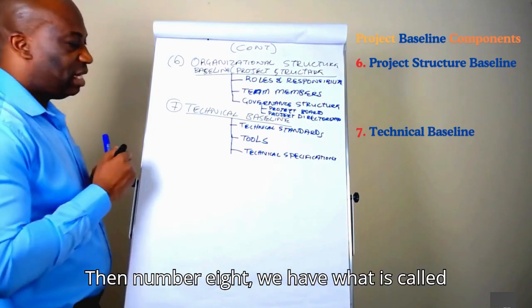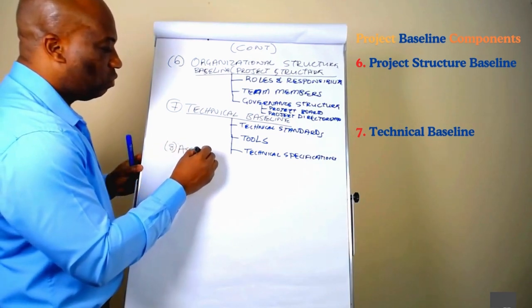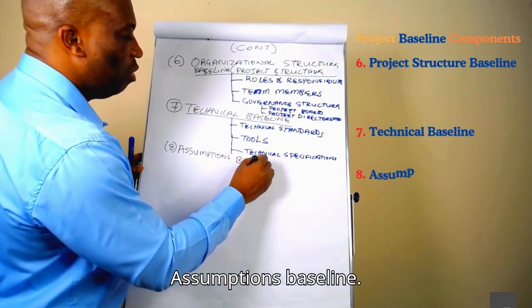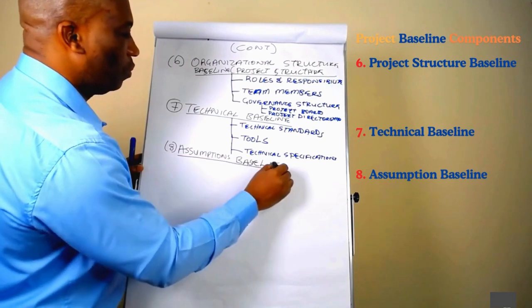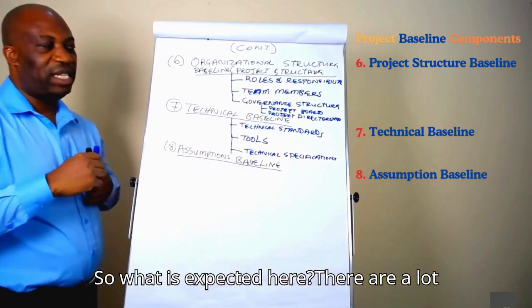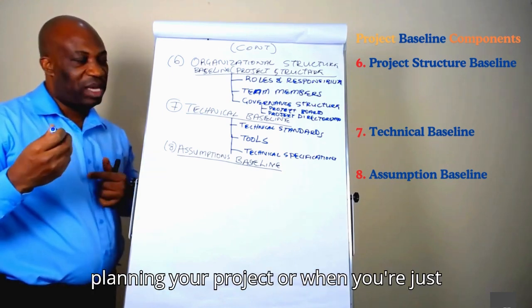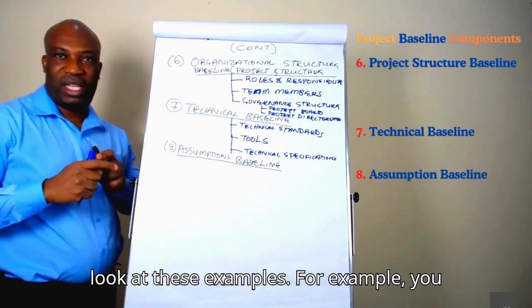Then number 8, we have what is called assumptions baseline. So what is expected here? There are a lot of assumptions that you make when you are planning your project or when you're just initiating your project. So we're going to look at these examples.